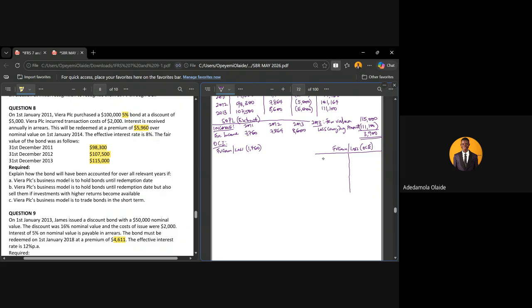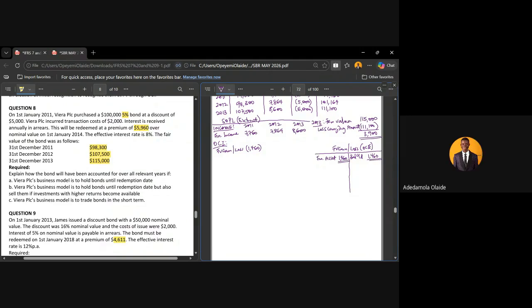During the first year, 2011, we made a loss. The loss would have been used to reduce our assets. We would have credited our assets to reduce it, Abi? The corresponding debit entry will be here. Financial assets, 1,460. In the absence of any other information, we'll have the balance carried down, 1,460. 2011 is done. Abi? Yes, sir.